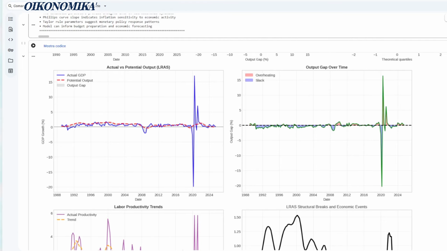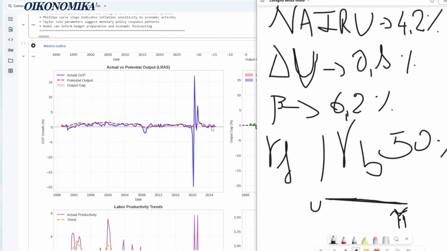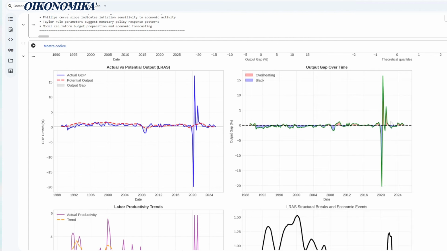Do you understand me? Here, potential output is very low. So the flashing light of there is slack in the economy, it doesn't show up. While here, you have a lot of slack, a lot of underutilized potential, because the potential was higher.